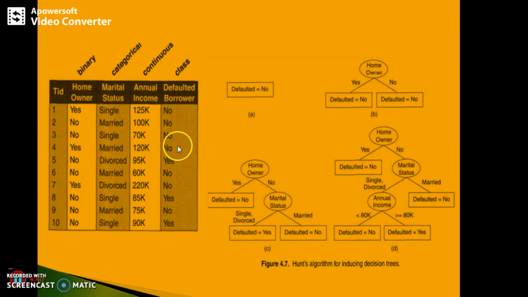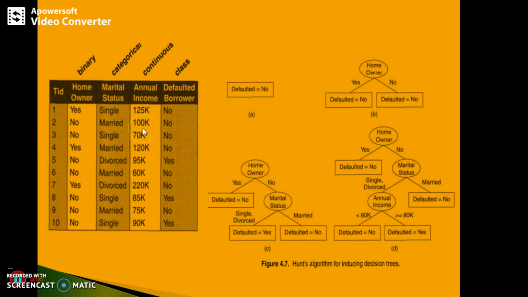Here we have two class labels: one is default borrower equal to no, and the other is default borrower equal to yes. So these are the non-risky people and these are the risky people. Basically this data set is useful for the officer sanctioning the loan. Whenever a person comes with a loan application, the officer has to think whether the loan can be sanctioned or not.